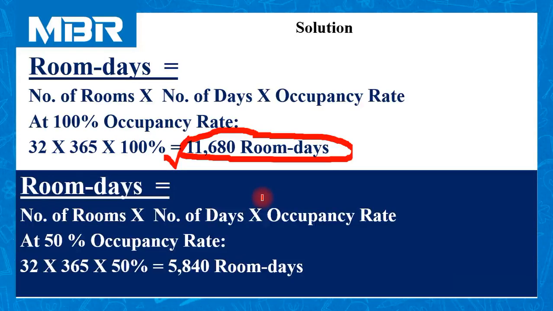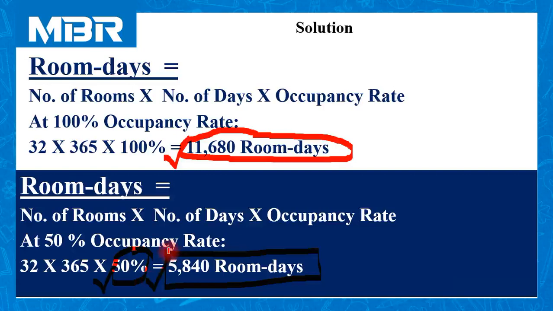Number of rooms are 32, number of working days are 365, and the occupancy rate as far as income is concerned, at break even, is 50%, clearly mentioned in the last line of the question. Here this 50% is playing an important role. So number of room days are 5,840.